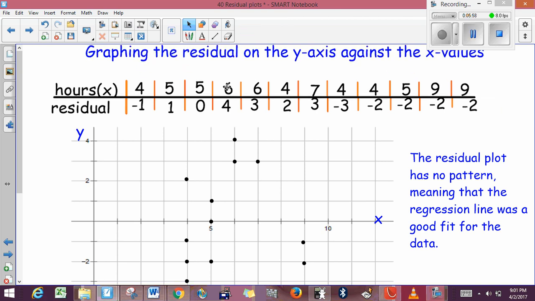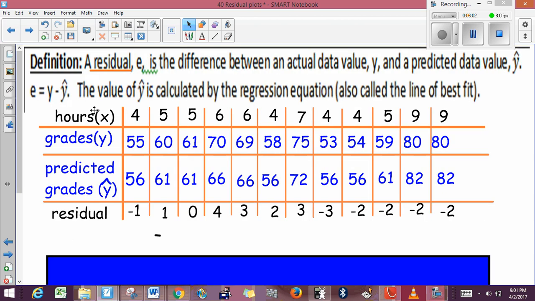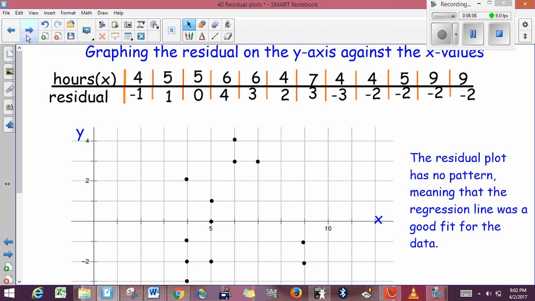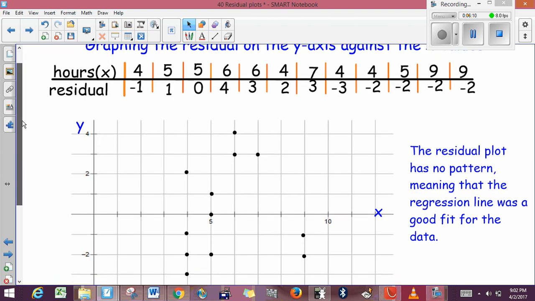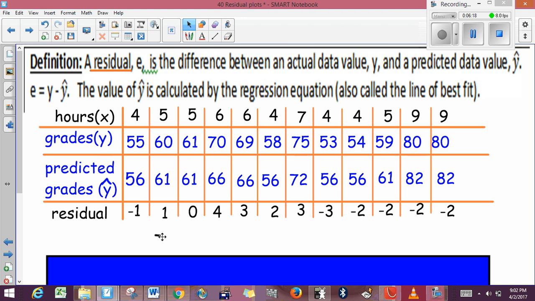And on the y-axis, you put the residual values. So what I have here, I just took the x values and the residuals, and I'm going to make a plot with them, and that's called the residual plot. So when x is 4, the residual was -1. And when x was 5, I think the residual should have been -1 also, and I made a typo here. So let's correct it.